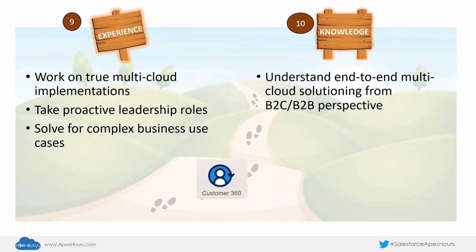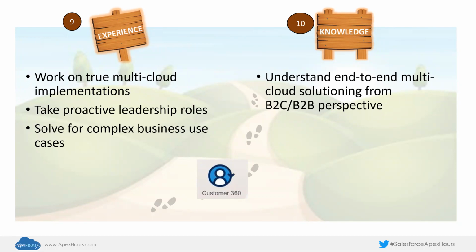So if I take a step back and recap what we went through over the 10 steps, the key thing I would say first is have a clear direction of what you want to achieve. Start off with one area and become really good at that, whether it's Sales Cloud or whatever. At the same time, start building your understanding of business, and the best way to do that is to speak with the actual users of the system.